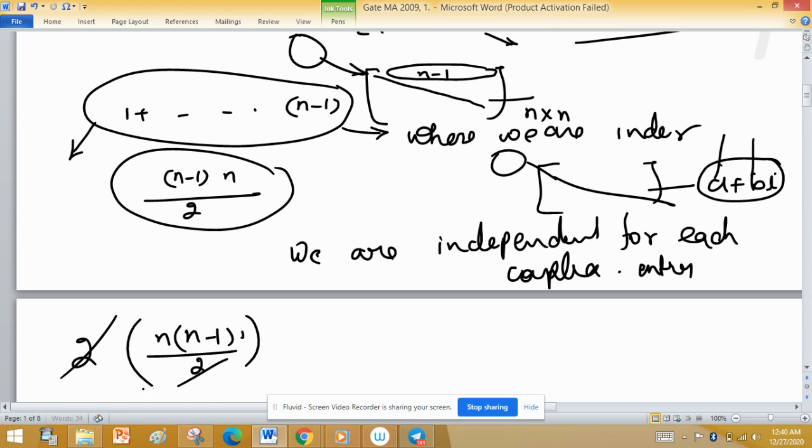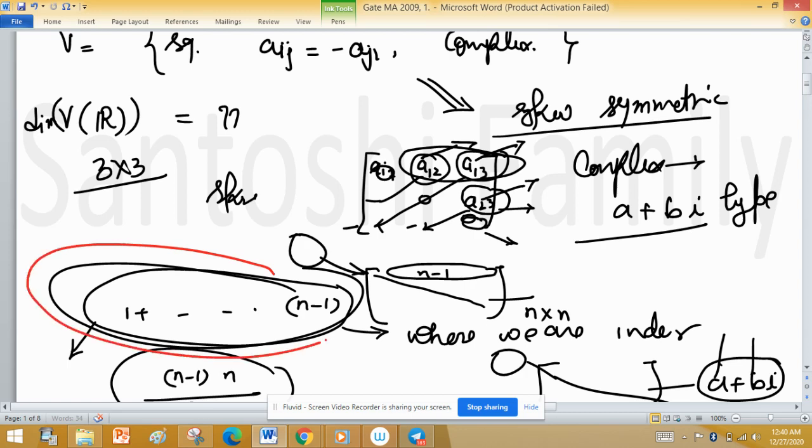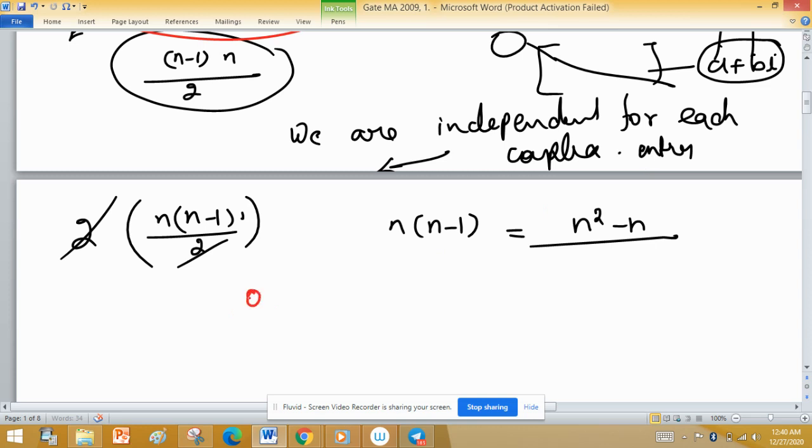because we are independent at two places. So it will be n square minus n. Suppose this is asked about complex over complex, then the total independent choices are this one. These are the total independent choices, and we will have the dimension of this field when asked over C, the complex field: n minus 1 into n divided by 2.